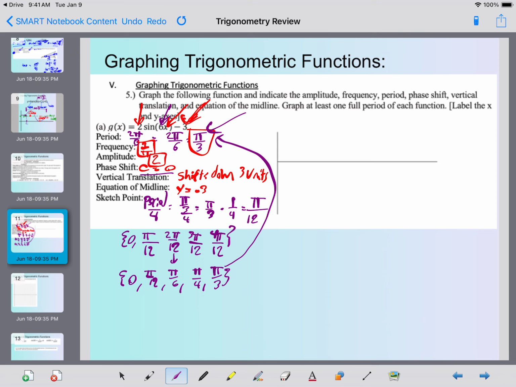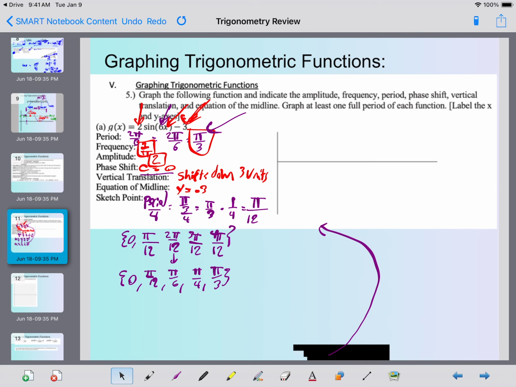When there's no phase shift, that fifth point is going to be the same as your period, right? Because it's going from 0 to the period. But if the phase shift shifts, it's not going to be the same. So don't rely on that. So it says just show one full period. So I'm just going to make this as evenly as possible. We know these values, right?